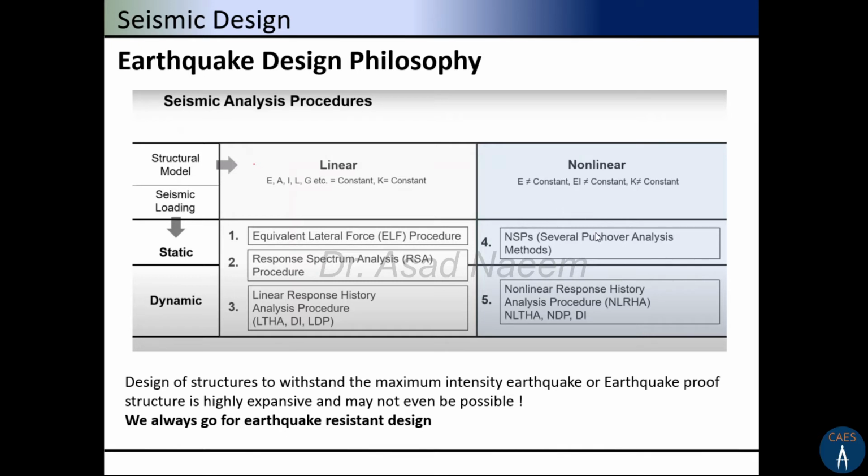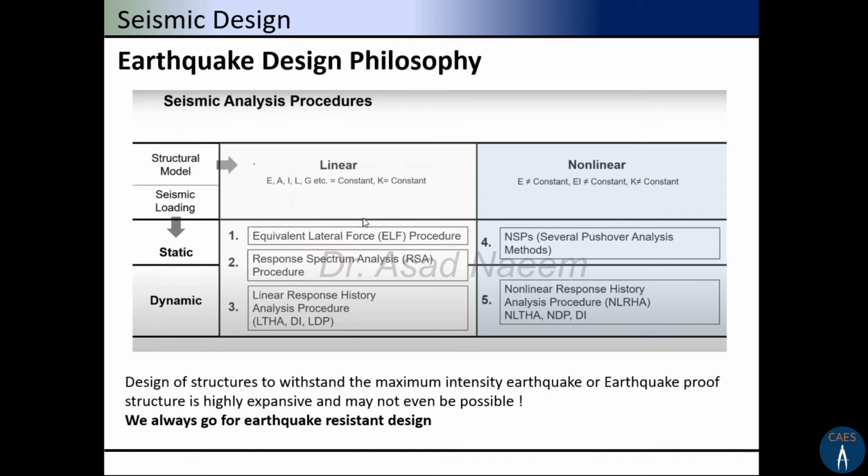And then for non-linear procedures, we can have non-linear static pushover methods, non-linear response history analysis, non-linear time history analysis, the non-linear direct procedure, and direct integration. These are the methods to solve non-linear models, and the former are the methods to solve linear model structures.